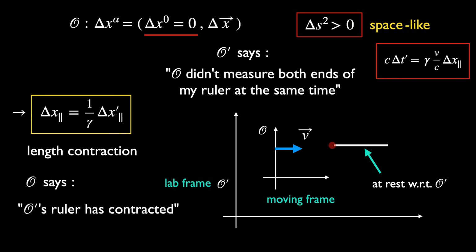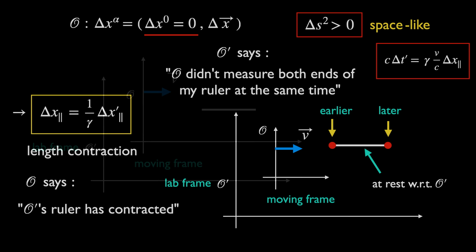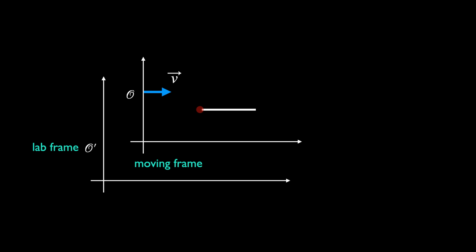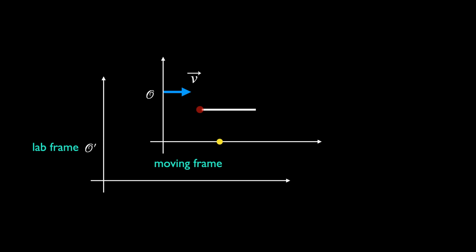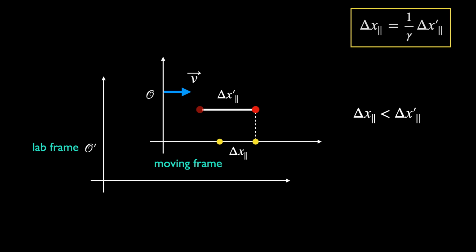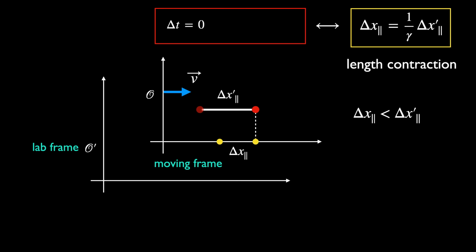One firecracker goes off earlier than the other, like so. As you can see, the effect of length contraction is closely related to the relativity of the simultaneity of events.